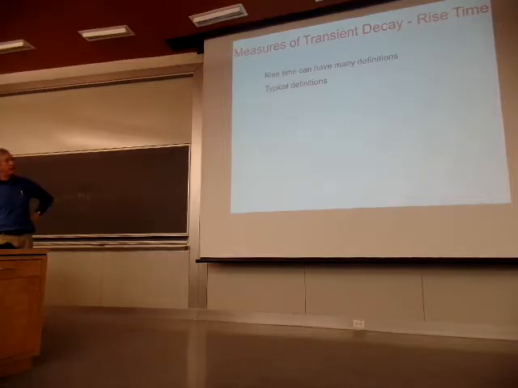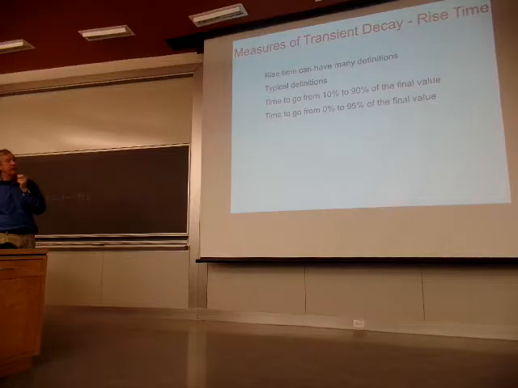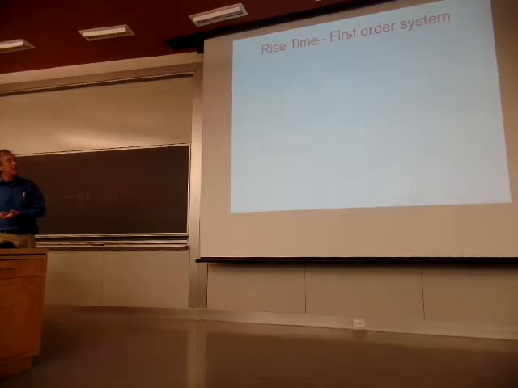Typical definitions: one is the time it takes to go from 10% to 90% of the final value. Another is the time it takes to go from 0 to 95% of the final value. Those are probably the two most typical. The time from 10% to 90% is 2.2 time constants. The time from 0% to 95% is 3 time constants.